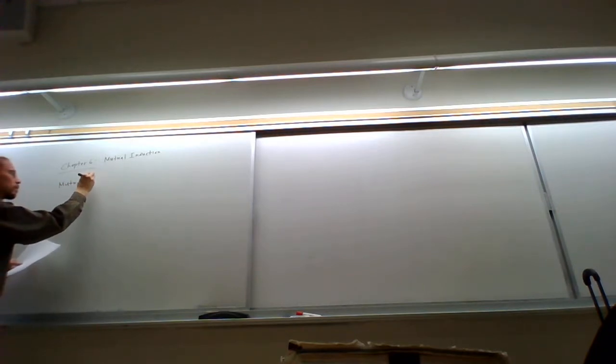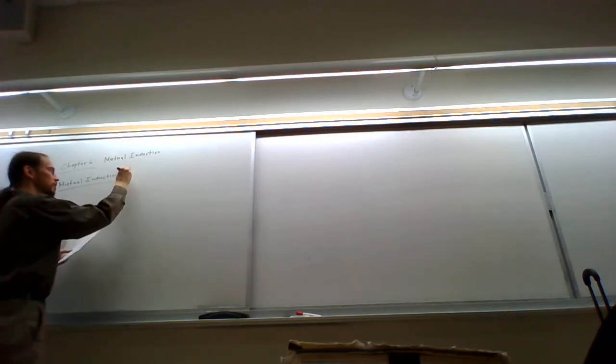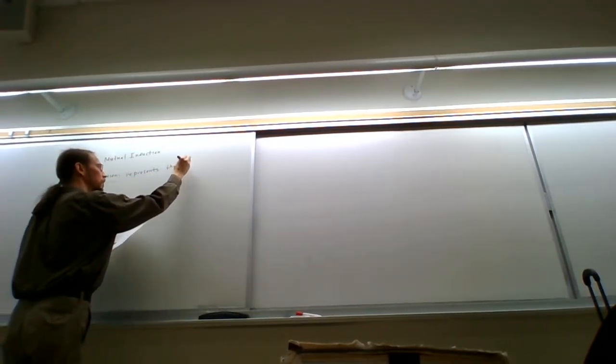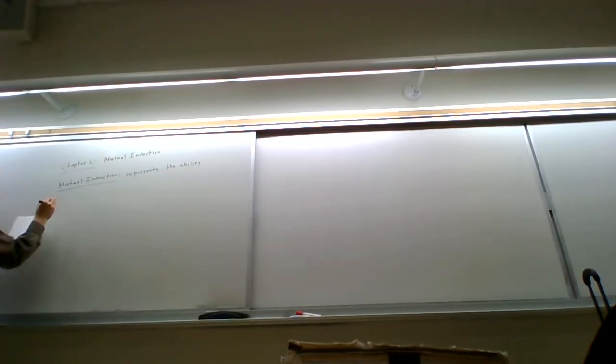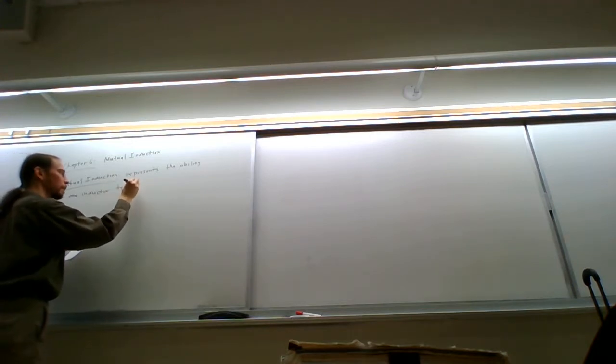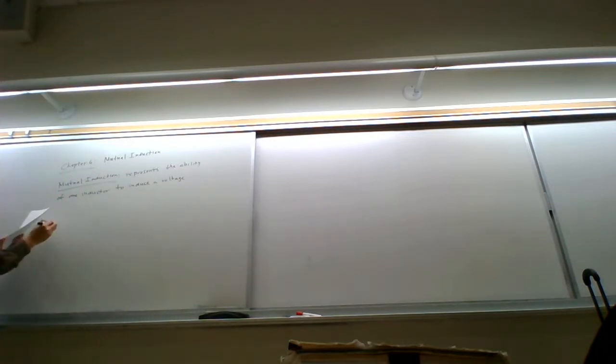Now, before we start talking about the equations for mutual induction, I really want to talk about what it means. The definition of mutual induction: it represents the ability of one inductor to induce a voltage across a neighboring coil.